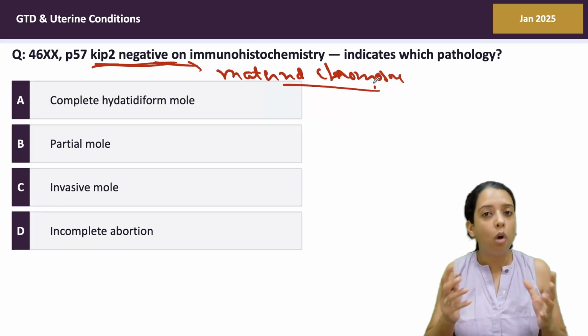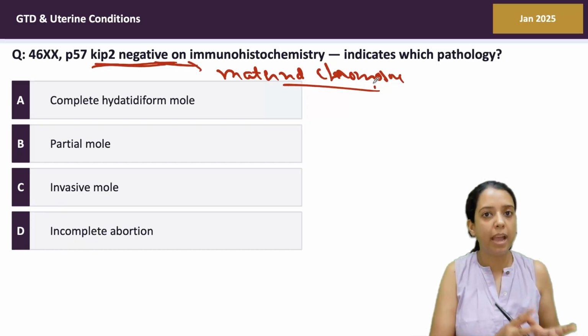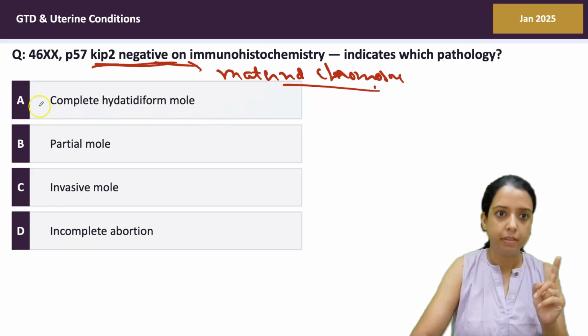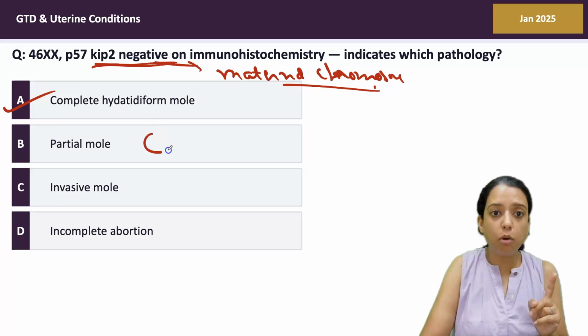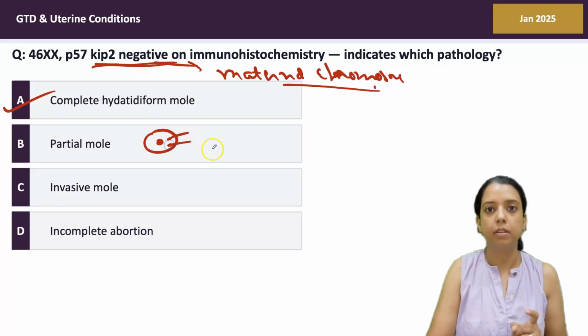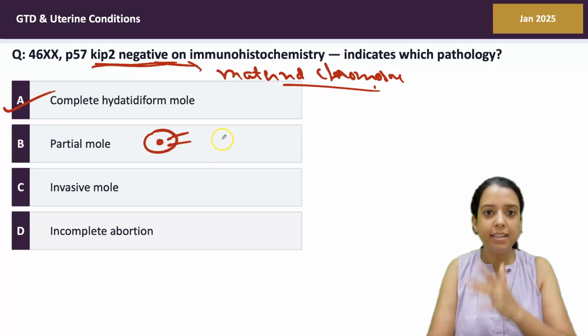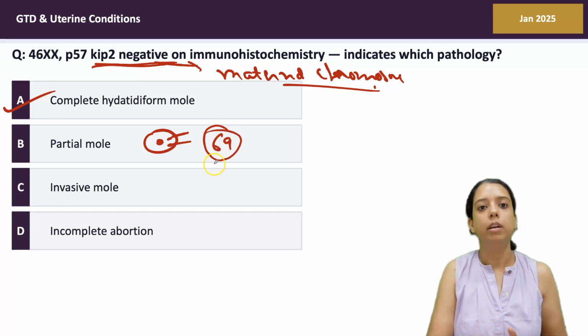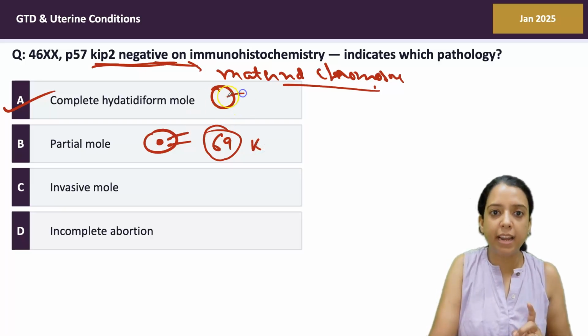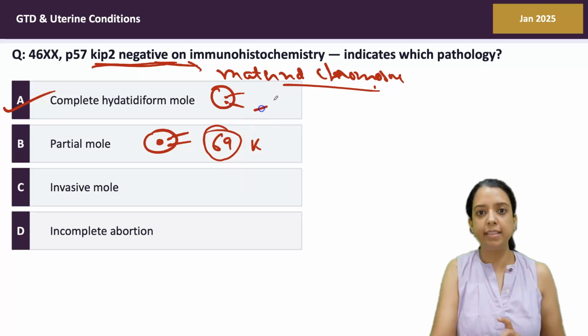So what pathology doesn't have maternal chromosome? An empty ovum fertilized by 2 sperms: complete mole. Partial mole is a proper ovum fertilized by 2 sperms. It is 69 chromosomes, KIP2 positive. The complete mole, an empty ovum fertilized by 2 sperms, is KIP2 negative.